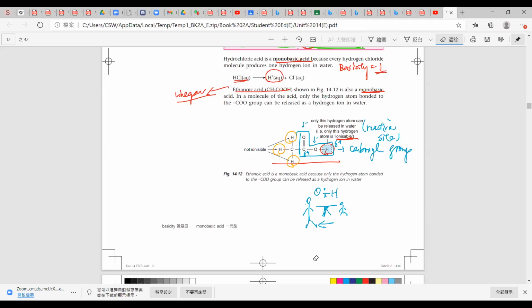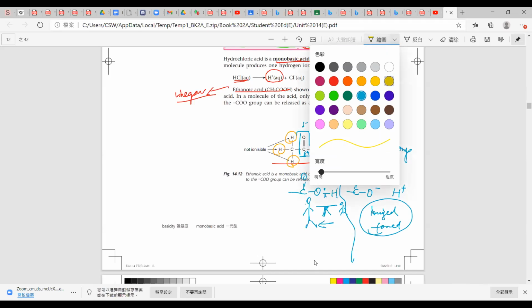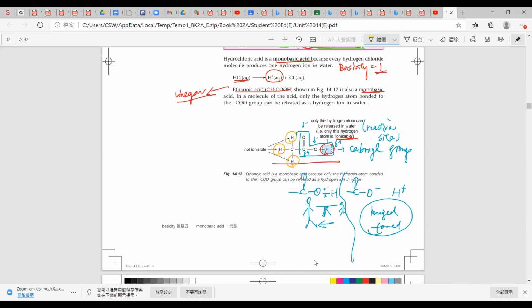That bond will be easily broken, and that will easily form what? O minus and H plus as the only products. So we call it a type of ionization. The bond to be cleaved is in the hydroxyl group. Here, they will break the bond like this.